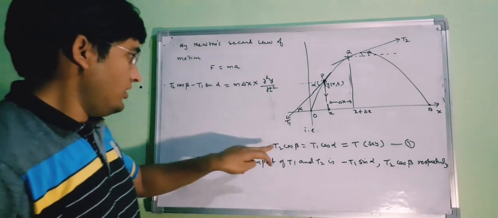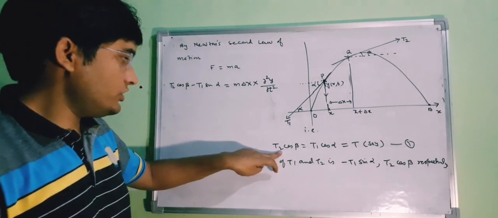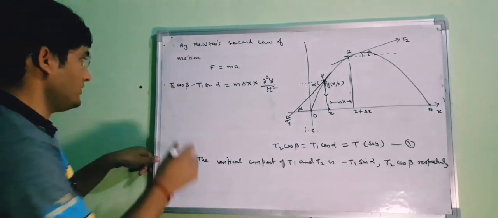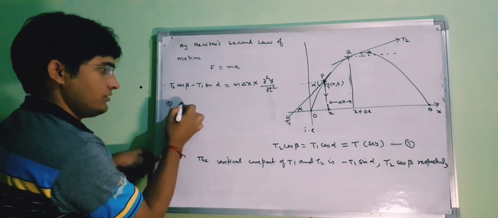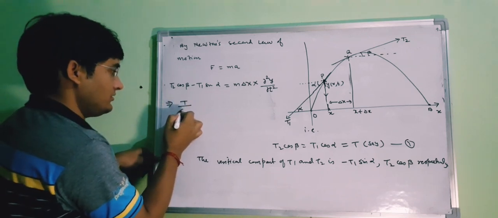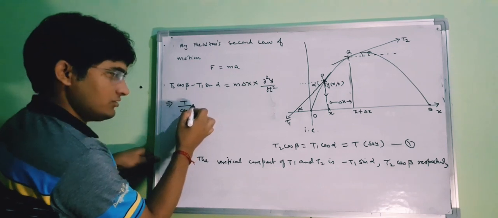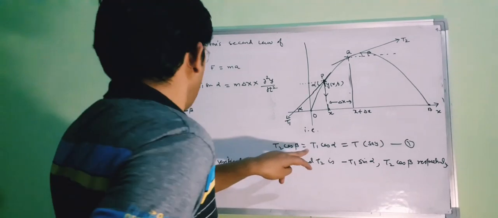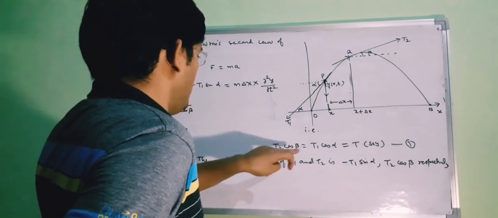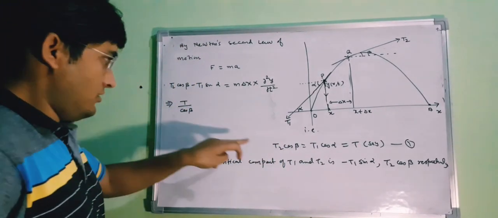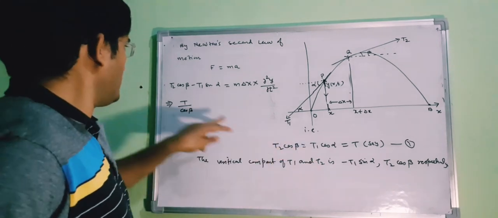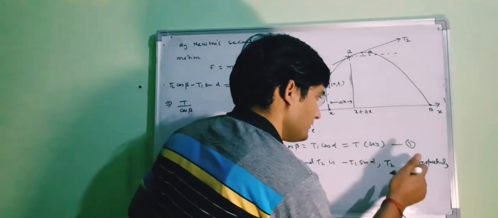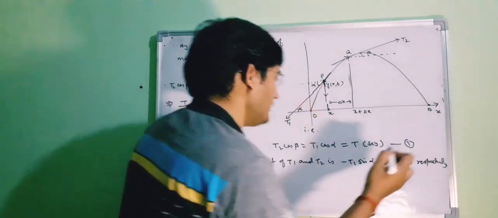Now here we can change T2 equal to T upon cos beta and T1 equal to T upon cos alpha. This is not cos beta, this is sin beta, because we are dealing with the vertical component.